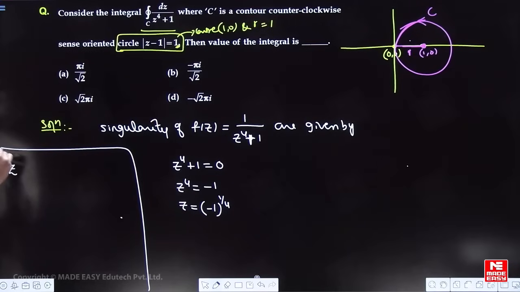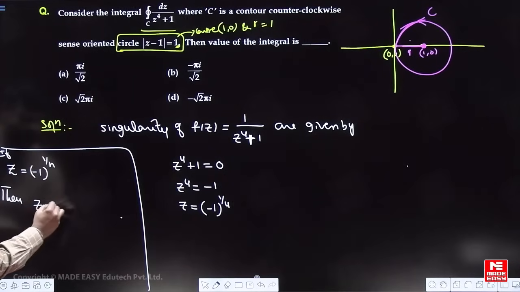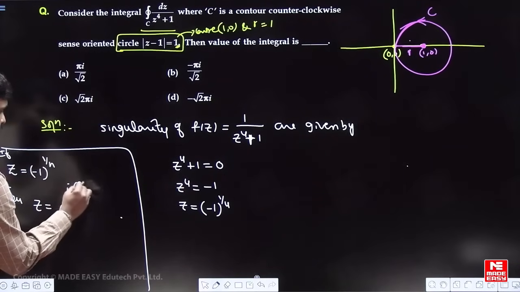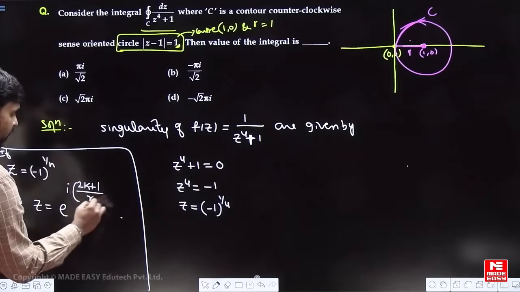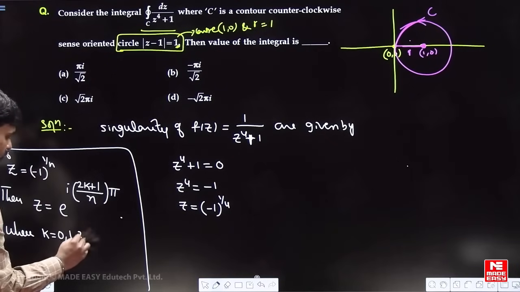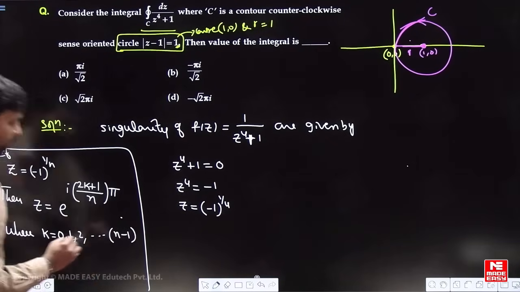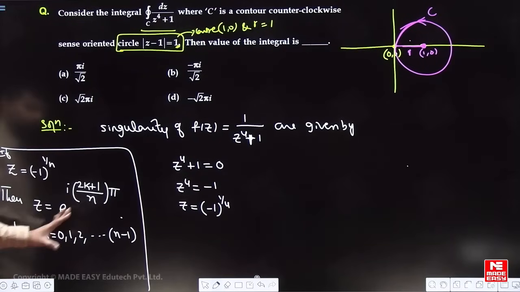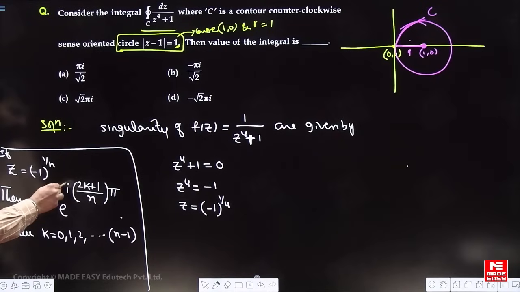If z is equal to minus 1 to the power of 1 by n, then you can write the z value as e to the power of i into (2k plus 1) by n into pi, where k is equal to 0, 1, 2 and so on up to n minus 1. So this is the way you find the roots. The nth roots of minus 1 are given by this formula.